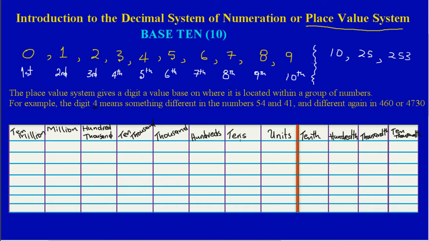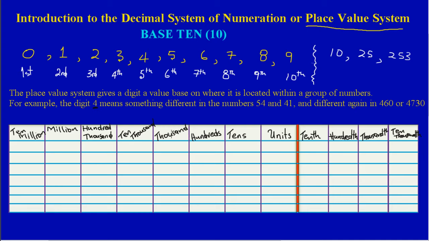The next column going to my left would be the tens. Tens is greater than units. To the left of tens is the hundreds, and the hundreds would be greater than the tens. The next column is my thousand column, which is greater than my hundreds column.